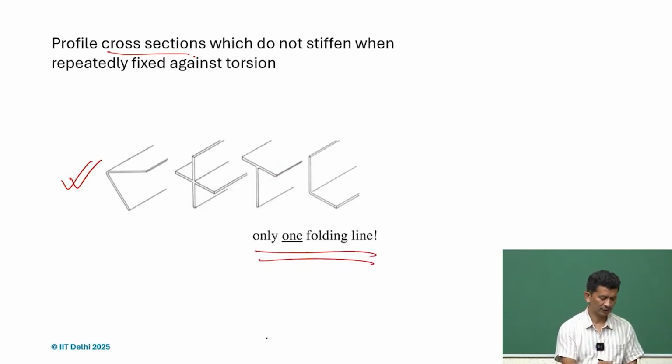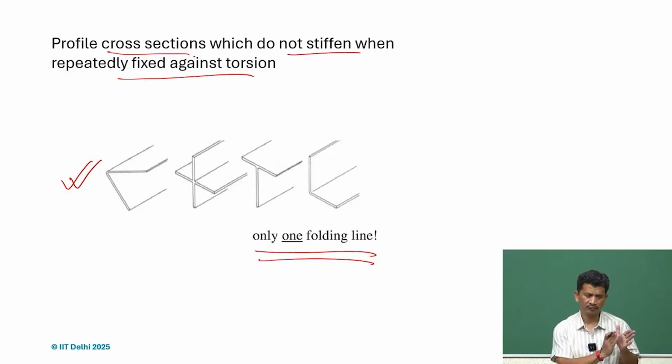So we can see whether it's an L or plus or cross or T. Here there is only one folding line, and in these cases, even if we clamp from the sides, we cannot stiffen because these are torsionally compliant, and they do not stiffen even if we repeatedly fix against torsion. So, even if we close the ends, we cannot stiffen it.